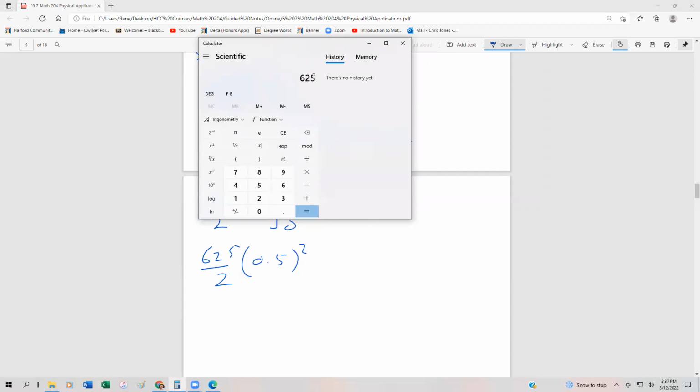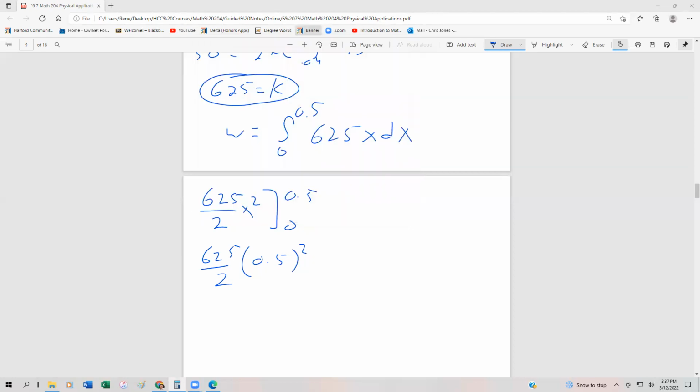So 625 times 0.25 divided by 2, and I get 78.125. And that's going to be in joules since it's Newton meters. So that's not too bad.